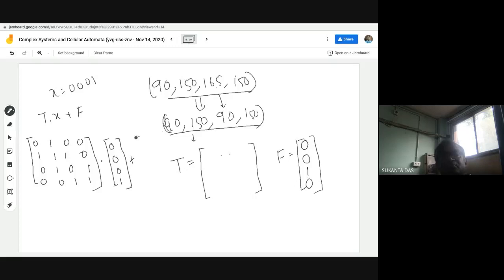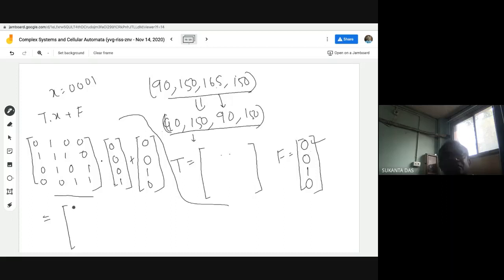And what is F? This is my F. It is 0, 0, 1, 0. So in this way, I can get the next configuration. Now, if we multiply, you'll get 0, 0, 1, 1 plus 0, 0, 1, 0.